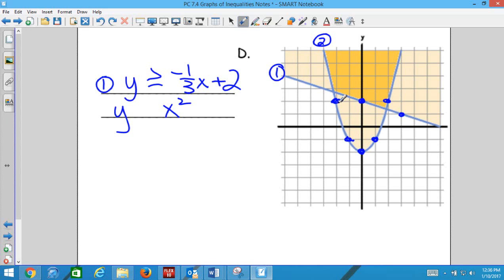And it is only negative 2, which affects the y-intercept. So that's the equation. X squared, take away 2. X squared, move it down 2. Is it shaded above it or below it? Above it.